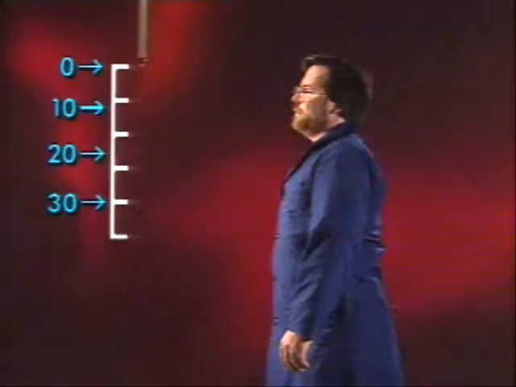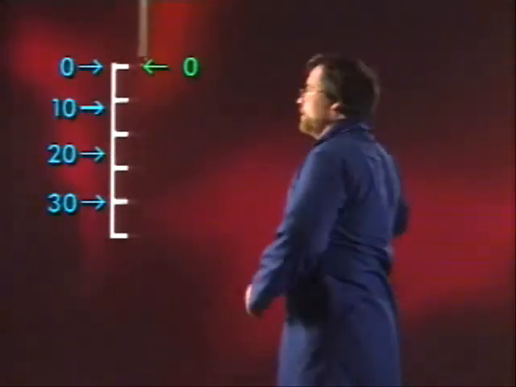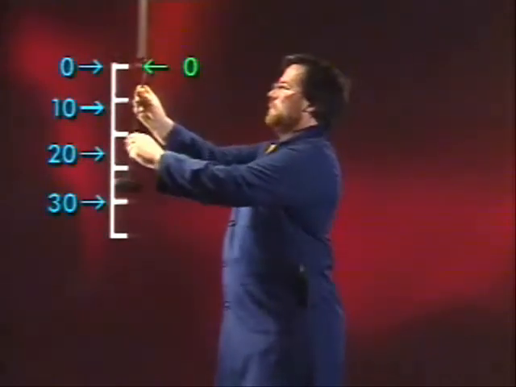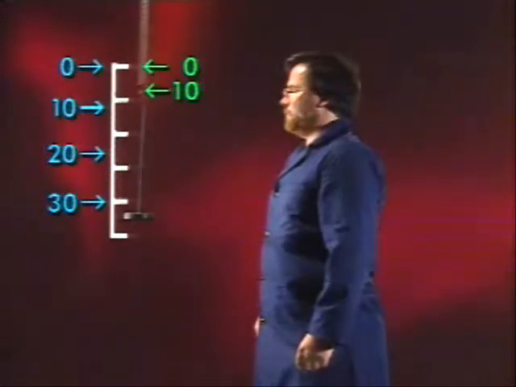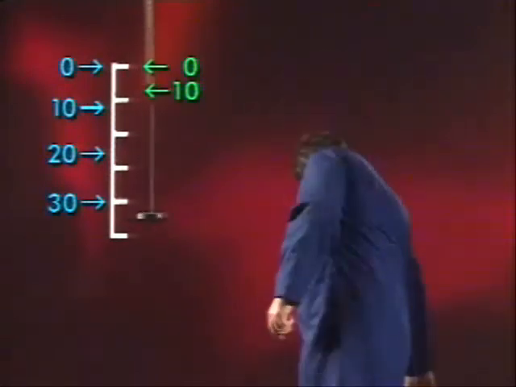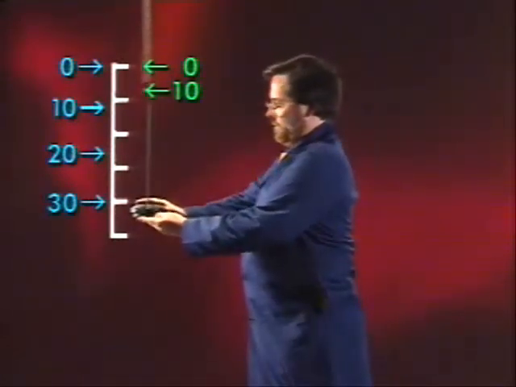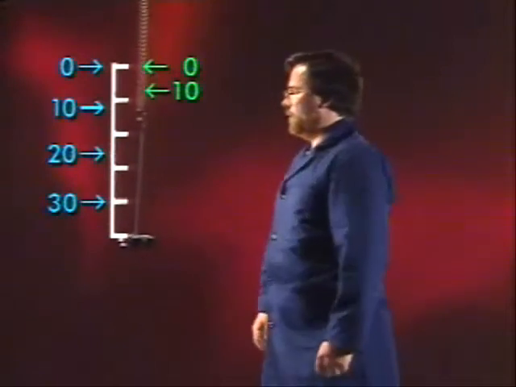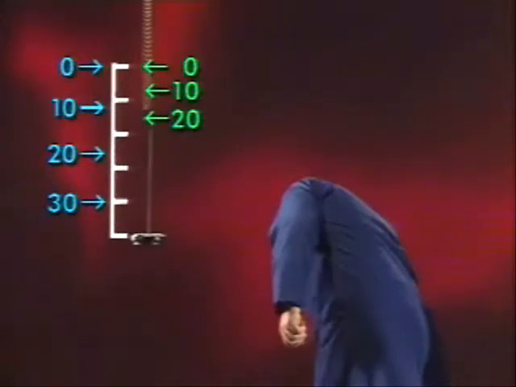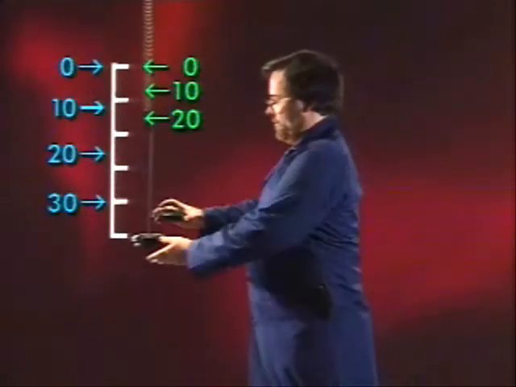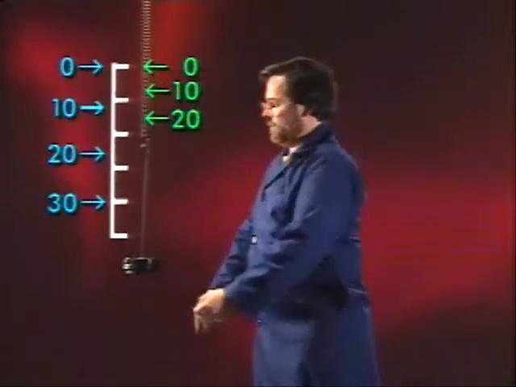Now we'll add the same set of masses to a different spring, leaving the markings from the first spring on the screen for comparison. 10 newtons. 20 newtons. 30 newtons.